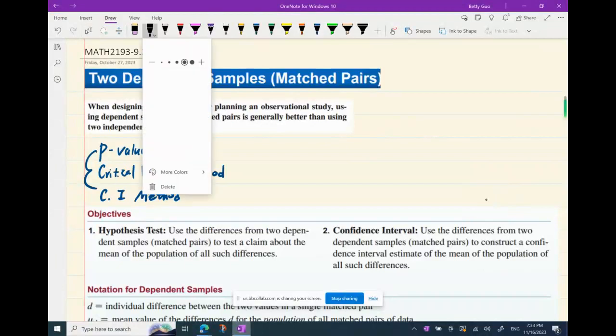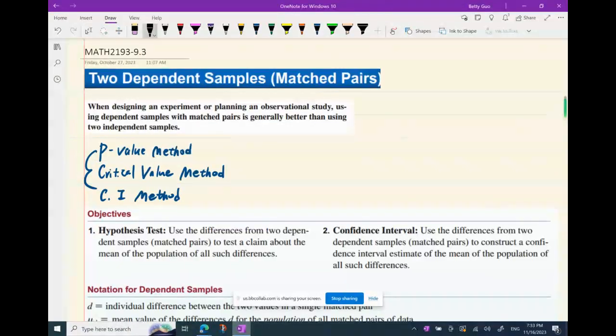So let's say we have two populations, population X and population Y. And from population X, we are going to draw a simple random sample with size n. So we have values x1, x2, and so on, x sub n. Sub n here represents the number of values in the sample. So that's the sample size of the first sample.